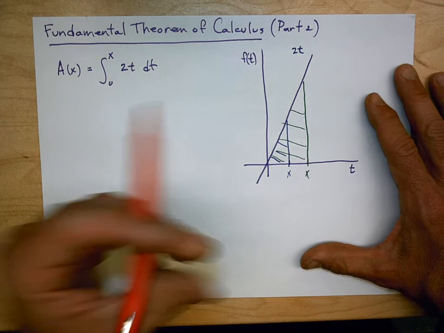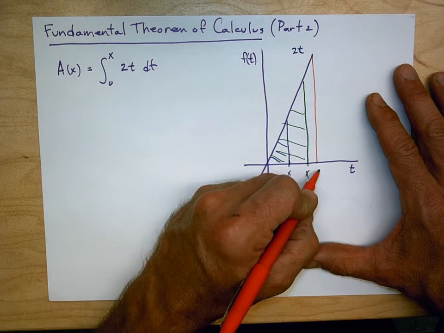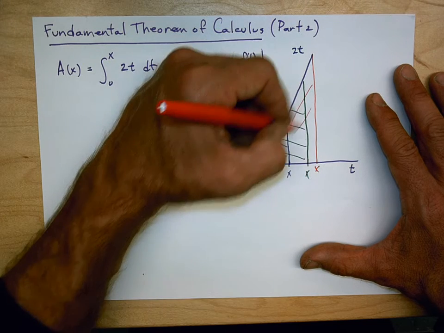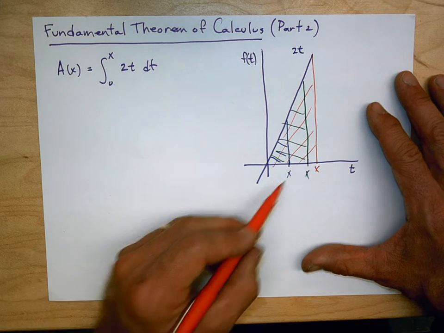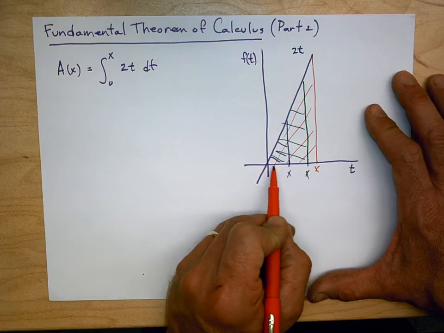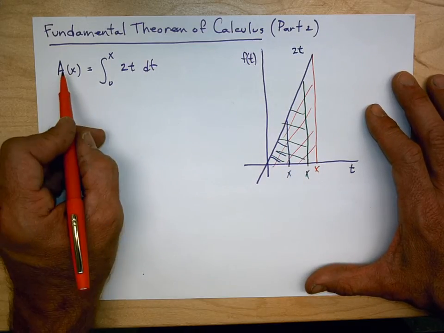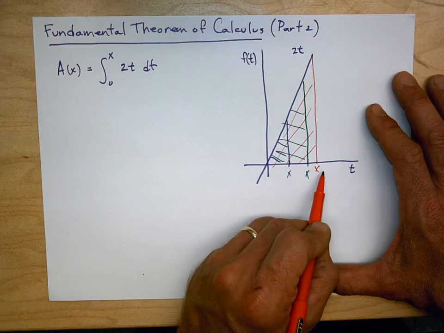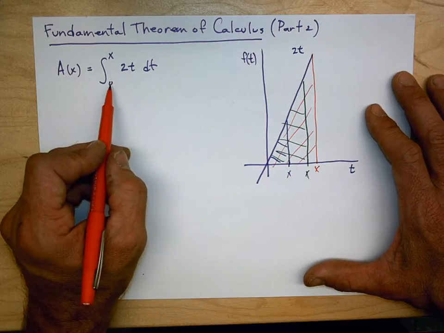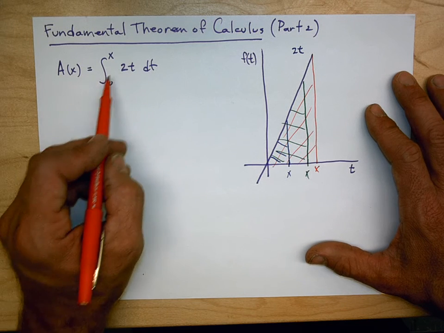Or I could go out further. I could come out here, and call this x, and then all of this. So the point here is that it's a function of x because depending on where we put our x, the area changes. So this could be 0 to 1, 0 to 2, 0 to 10, 0 to 1,000,000.